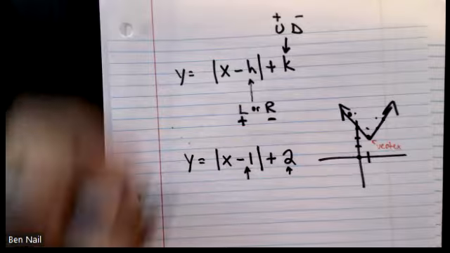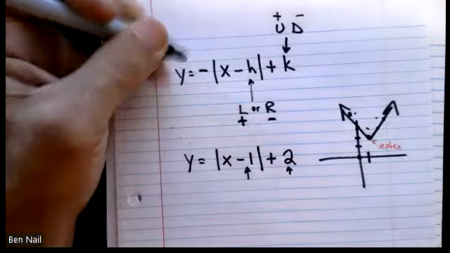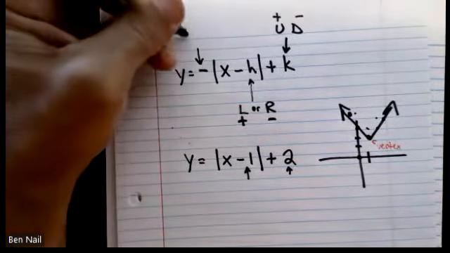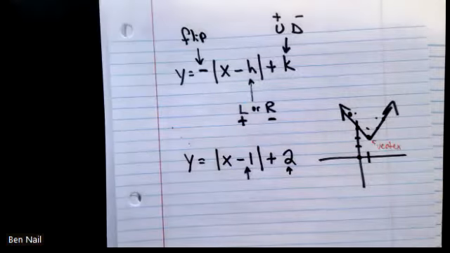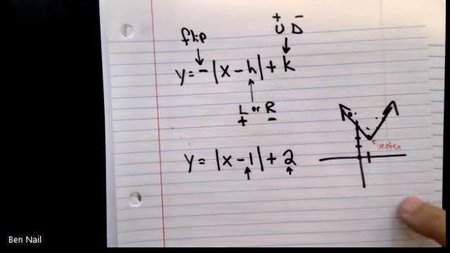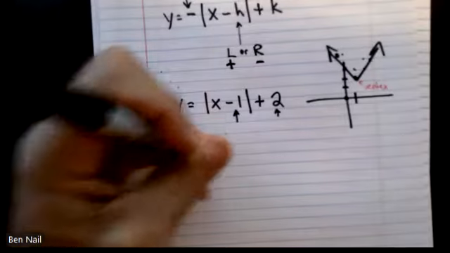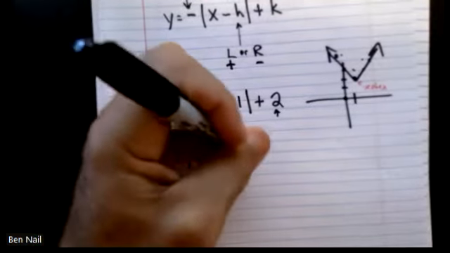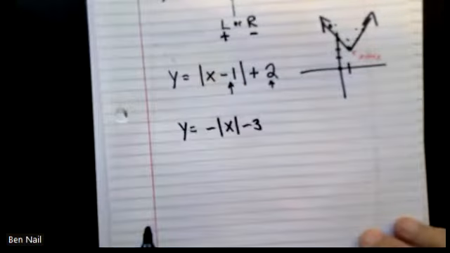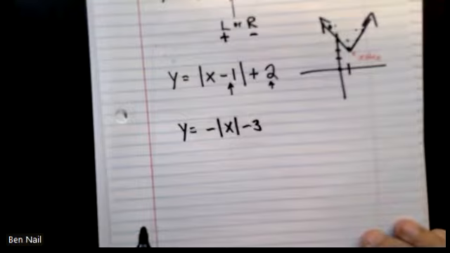The only other thing they could do, if they put a negative here in front, that is going to flip your vertex, or flip your whole graph over. So if I said the graph y equals negative absolute value of x, and then say -3.